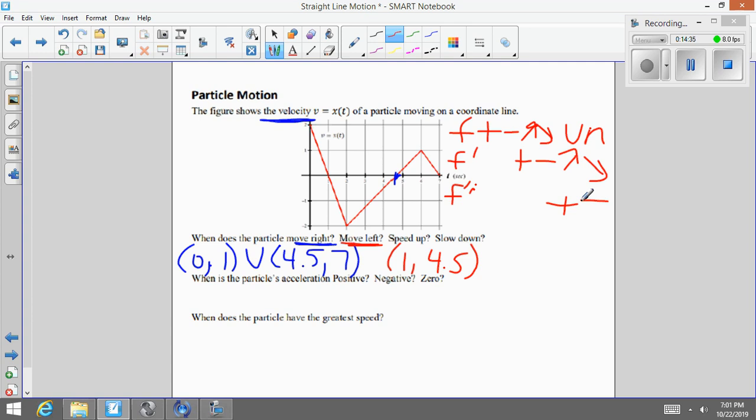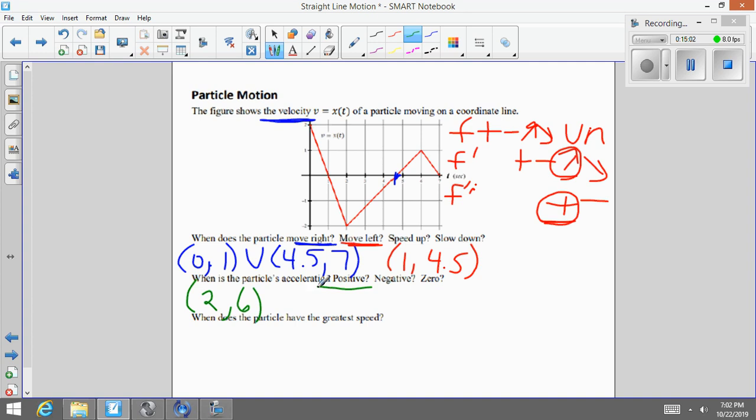So when is acceleration positive? That would be when velocity is increasing. We're looking at the velocity graph. So velocity is increasing from 2 to 6.